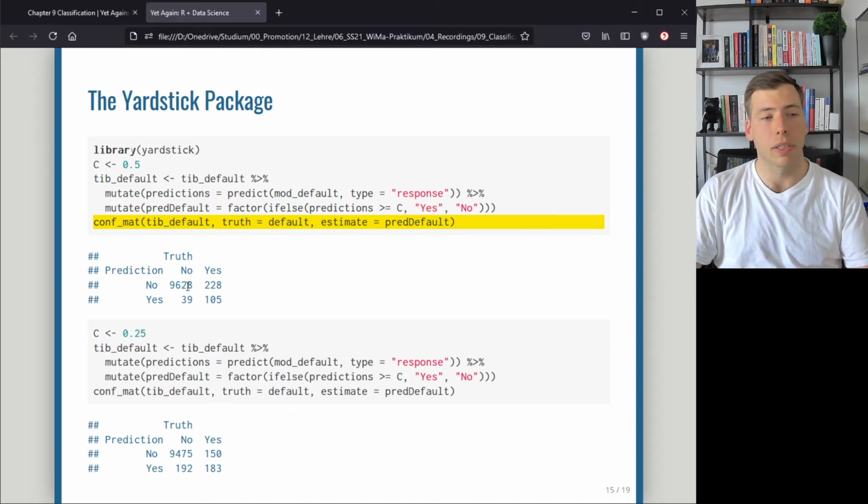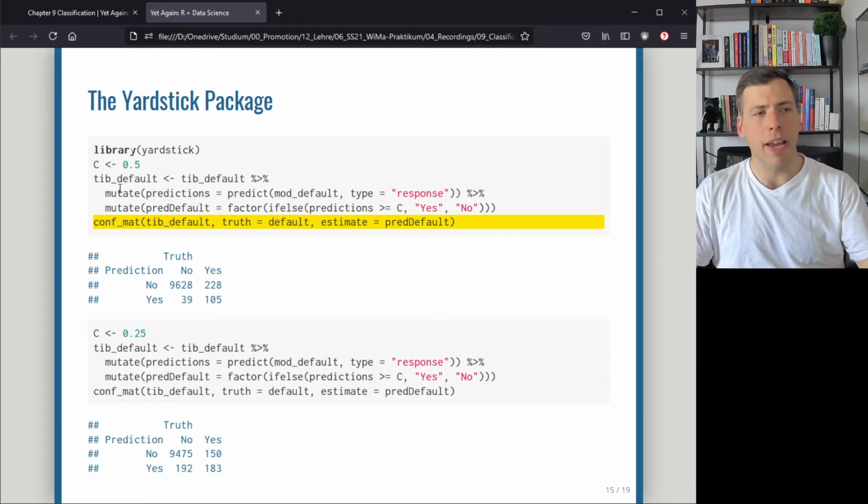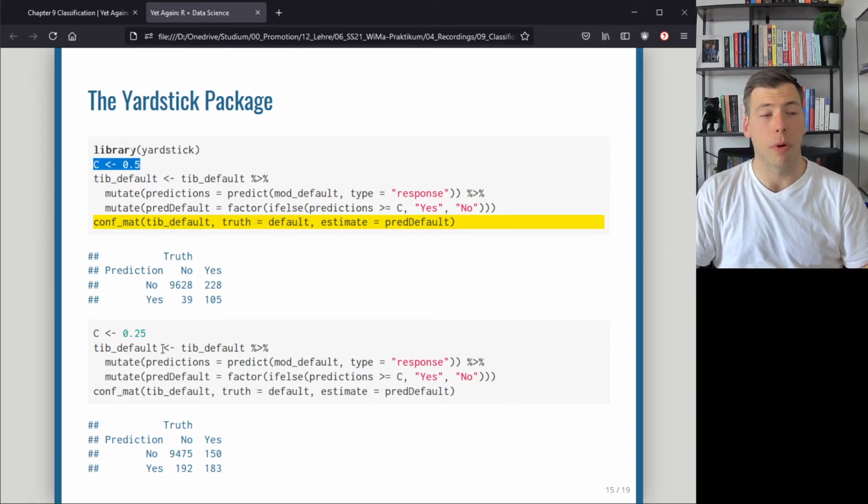And then it simply states the confusion matrix in the form we just saw. And again, if you change the threshold from say 0.5 to 0.25, then the whole confusion matrix changes. So you see all of those values here, they change.